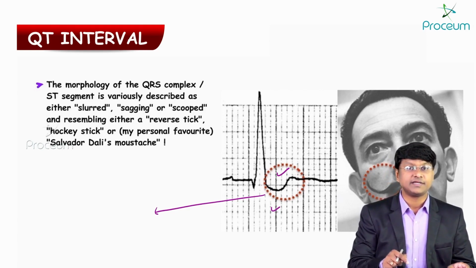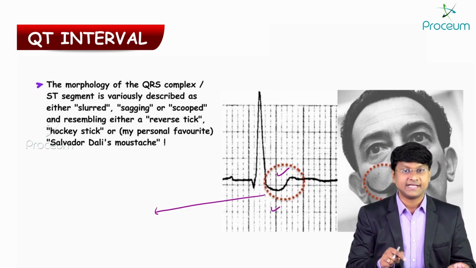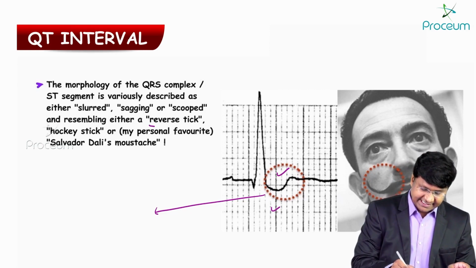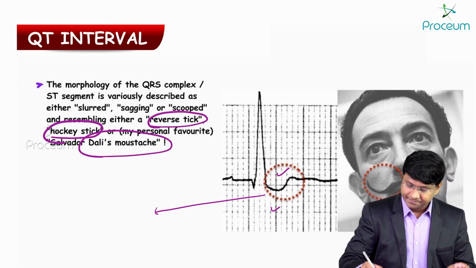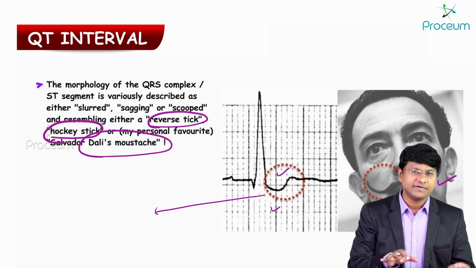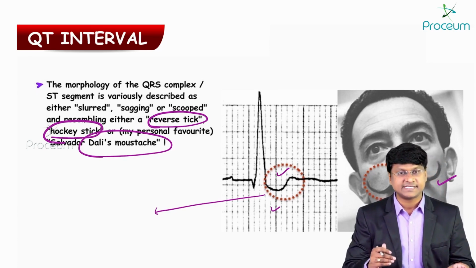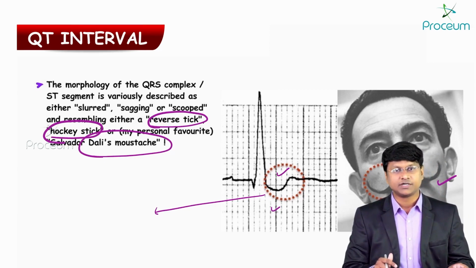This particular ST segment is also described as the reverse tick sign, the hockey stick sign, or Salvador Dali's mustache sign. These are all the various names given for the ST segment which is depressed in case of the digoxin effect.